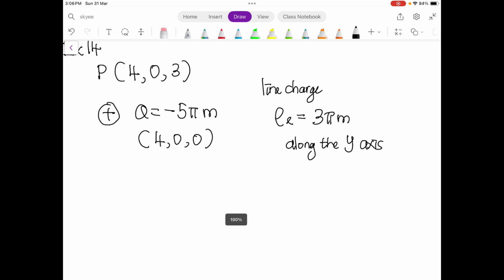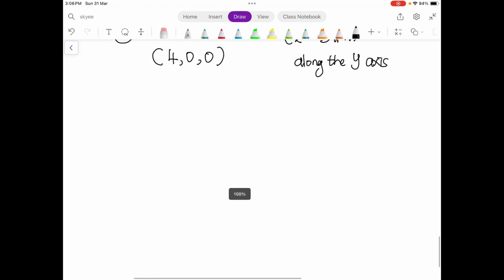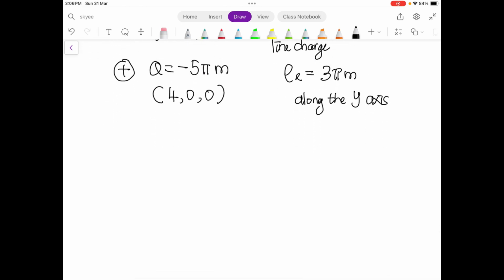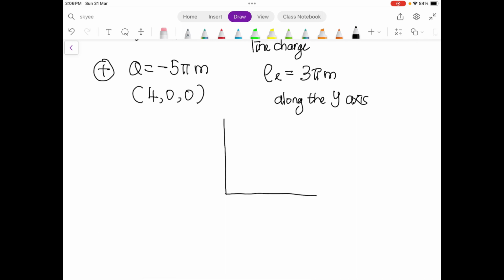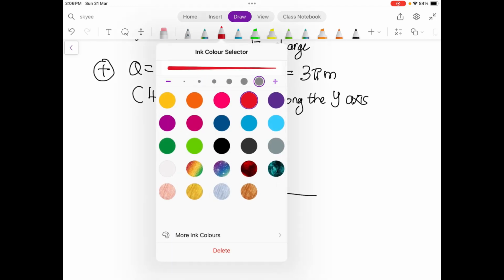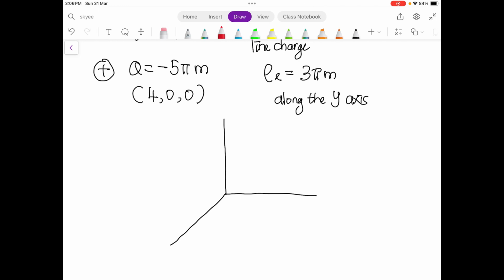Okay, so we try to put them in the coordinate system. First of all, you have a line charge along the y-axis, so maybe I can put it here. This is along the y-axis, infinite line.